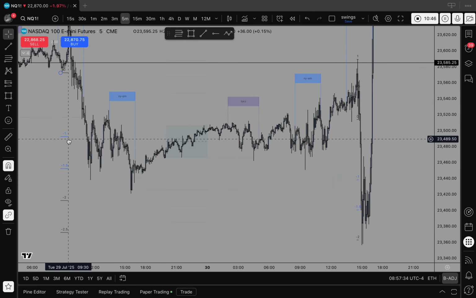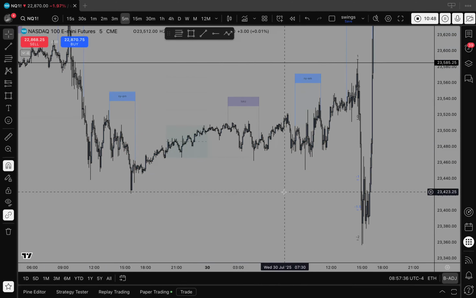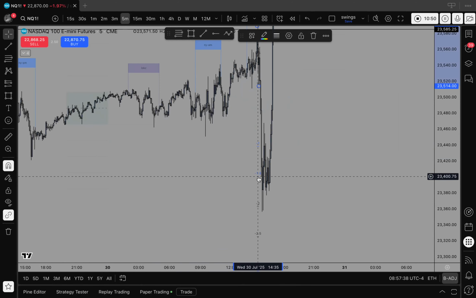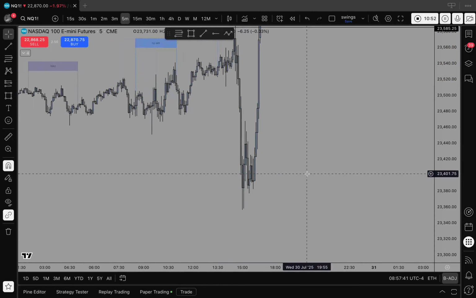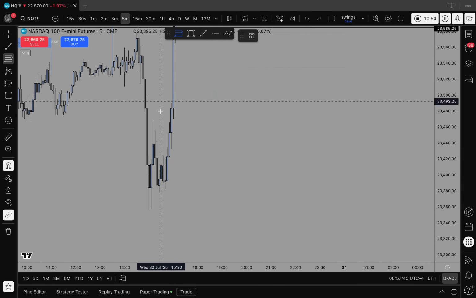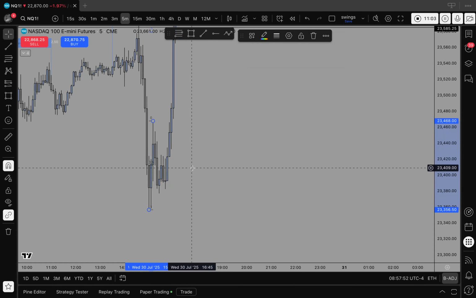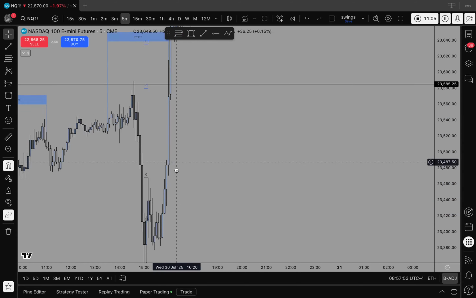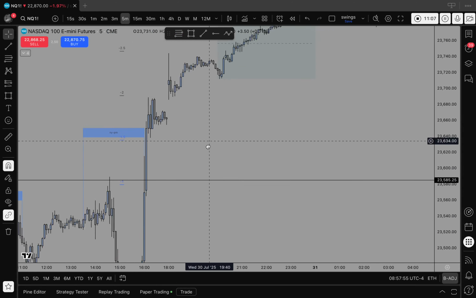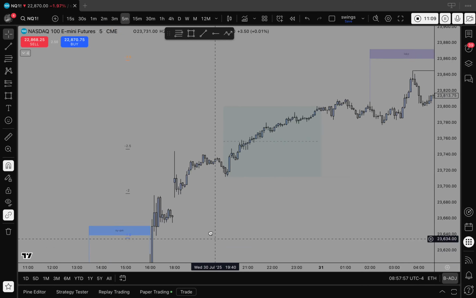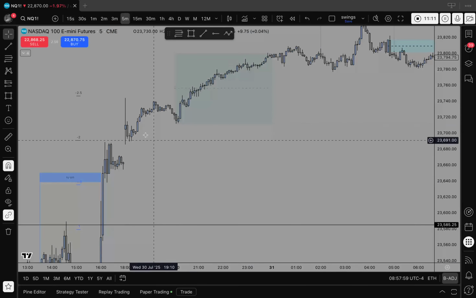So now we could delete this one, and obviously this one, once it works, and once we have the expansion, you can delete both, and then what do we do? The exact same would be from the low to the break of structure of that same, right before the expansion. And then obviously, as you can see, we'll predict pretty much everything as always. So we would go to here, -2.